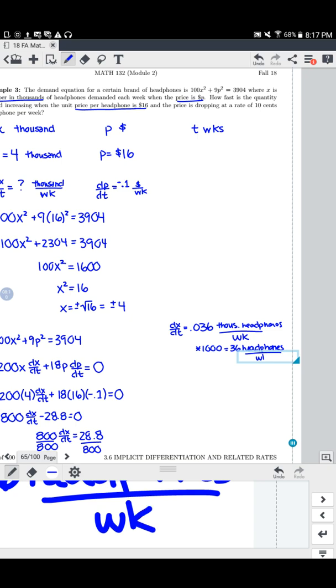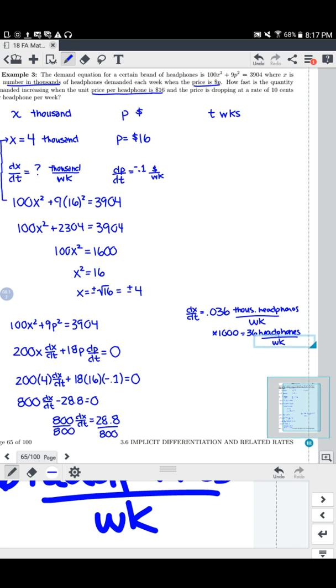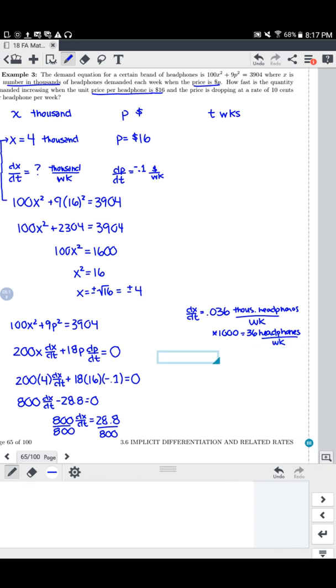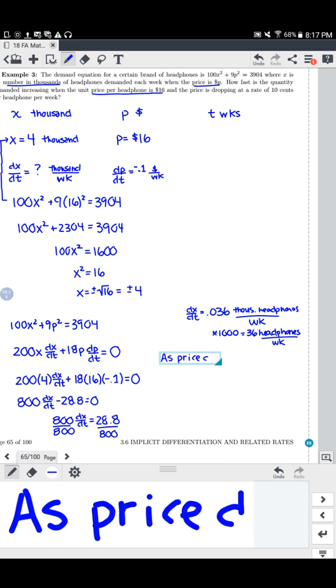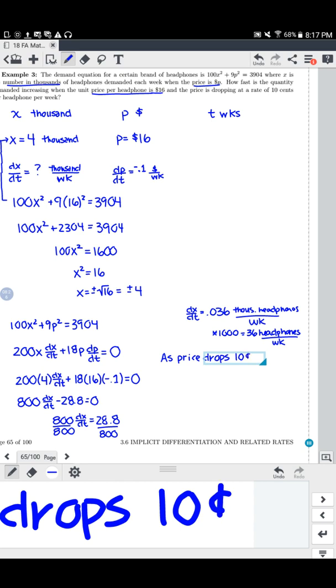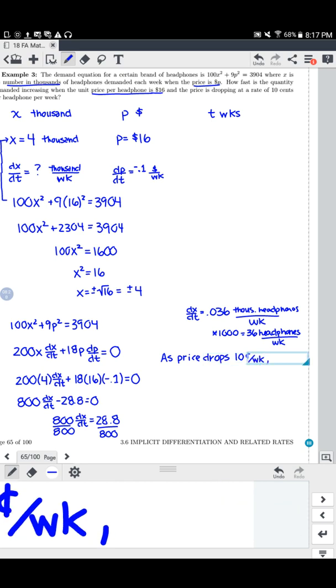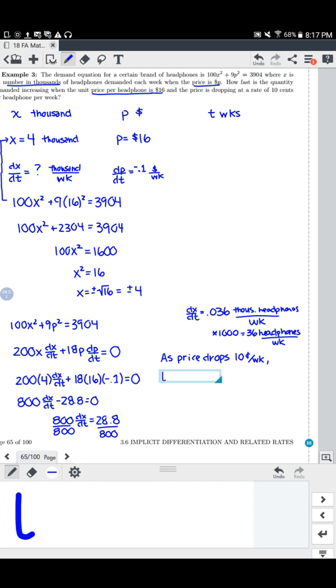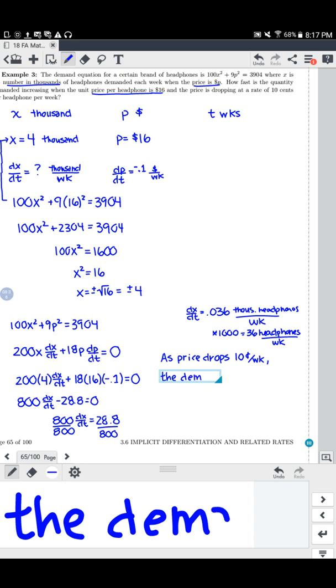So our conclusion is going to be whether we're increasing or decreasing our demand when we drop our price. So as the price drops 10 cents per week, the demand, our dx dt is the demand, changes. How? Is it increasing or decreasing?